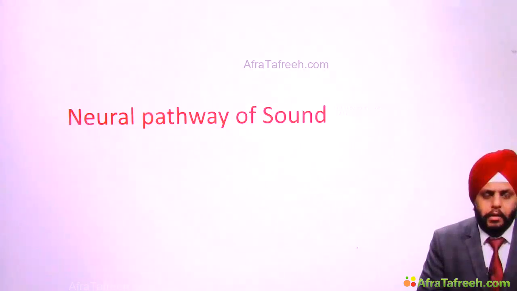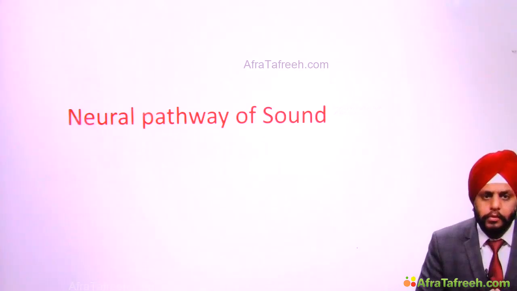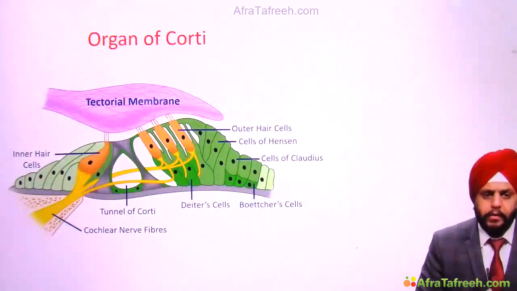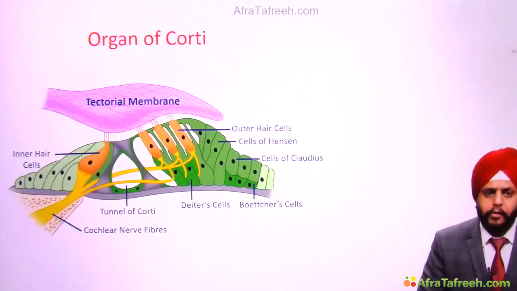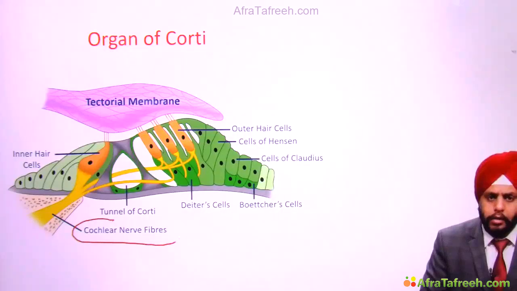So friends, let's come to the last part of the anatomy of the ear, that is the neural pathway of sound. Now how does this sound go from the inner ear, that means the cochlea, to the brain? To learn this neural pathway, we have already seen this diagram of the organ of Corti, and as I showed you, from this organ of Corti starts the cochlear nerve.